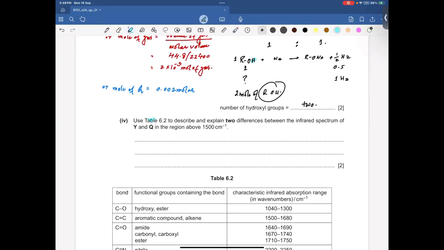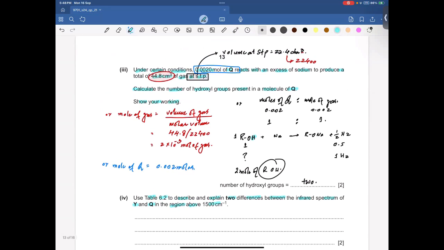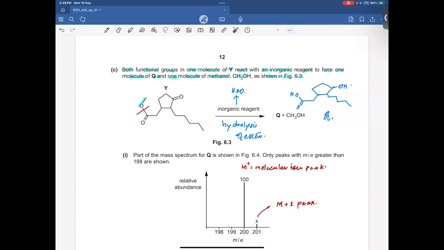Use table 6.2 to describe and explain two differences between the infrared spectrum of Y and Q in the region above 1500. So I need to skip the fingerprint region, which exists between 500 and 1500 centimeter inverse. So Y has a ketone and an ester functional group.